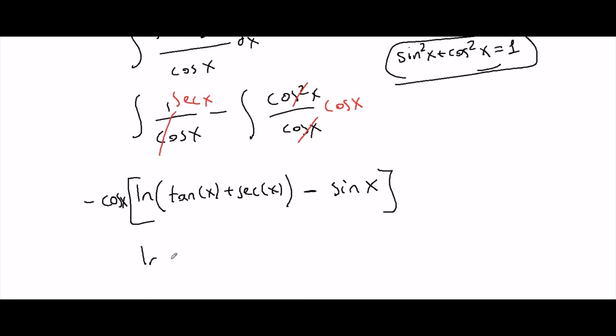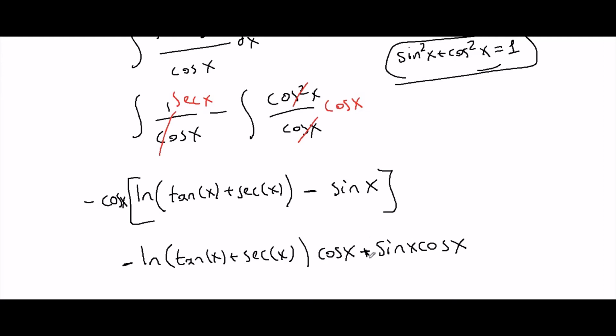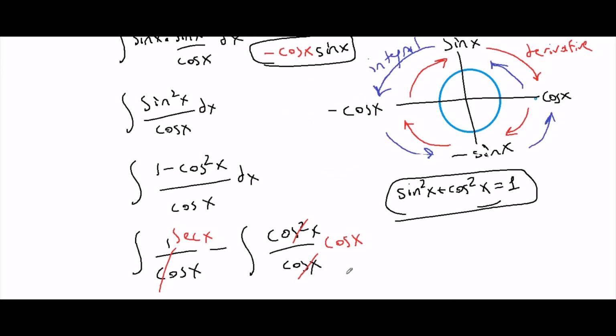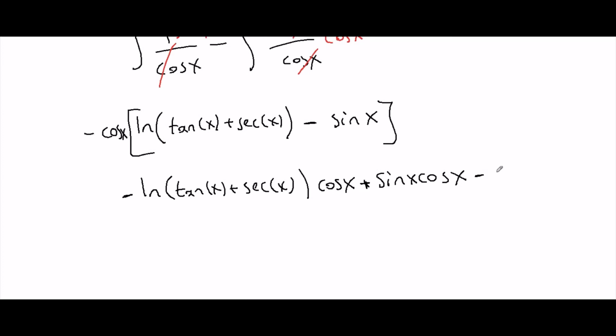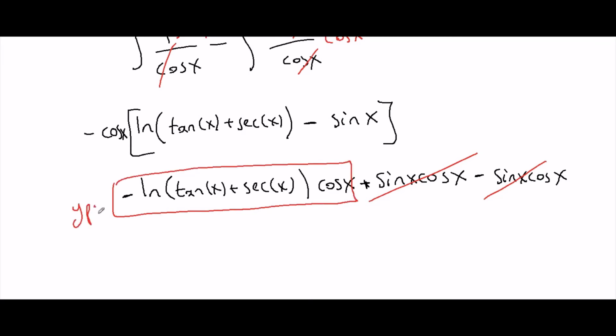So it's going to be ln of tangent x plus secant x times cosine x minus sine x cosine x. Because this was negative, so this is going to be negative and this is going to be positive. And on the second part, we obtained negative cosine x sine x. That will cancel this term here. So our y particular will be this.